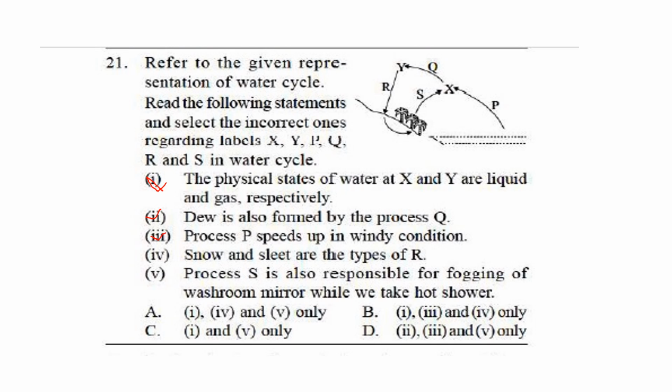Fourth, snow and sleet are the types of R, this option is also correct. Process S is also responsible for fogging of washroom mirror while we take hot shower. This statement is incorrect because the process S is transpiration, not condensation. So answer is option C, 1 and 5 only.